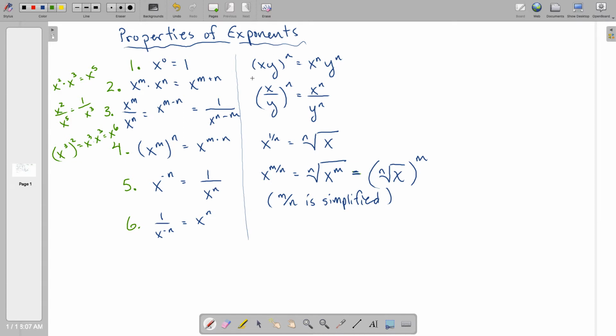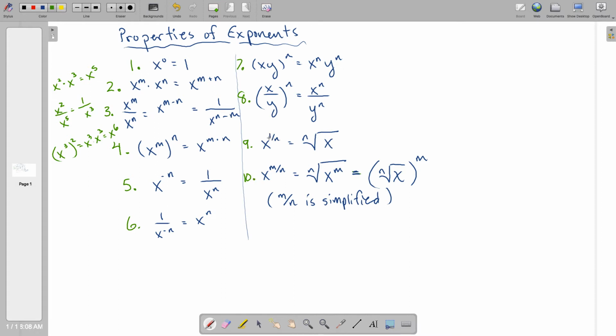All right, and then we look at these two here. We'll call these 7 and 8, and they're just saying if you're either multiplying two things or dividing two things first and then raising them to the power, you actually could have raised each one individually to the power and then multiplied or then divided. And then lastly, this property is one that we talked about a little bit earlier in the quarter. But what does it mean to have a fraction in your exponent?